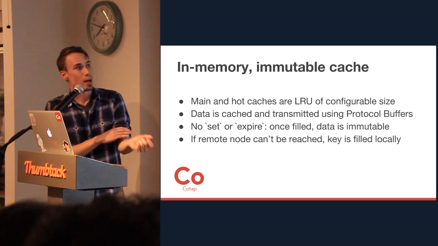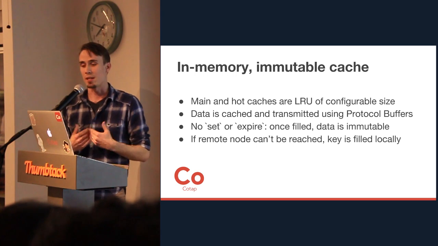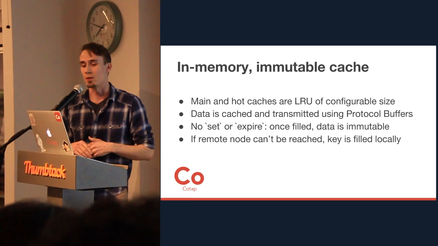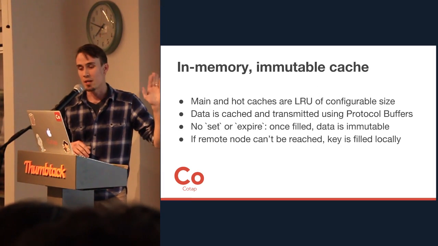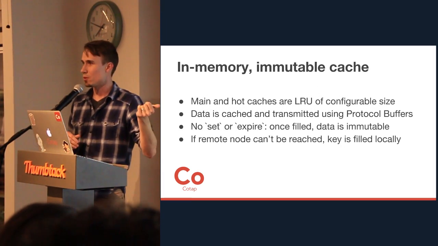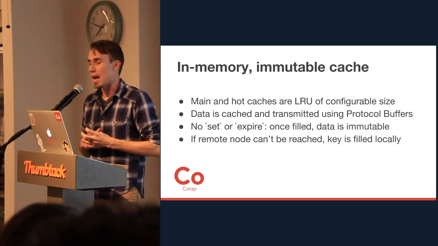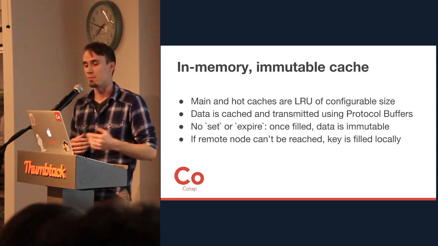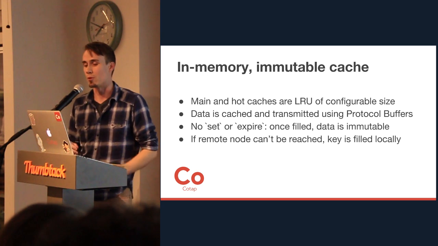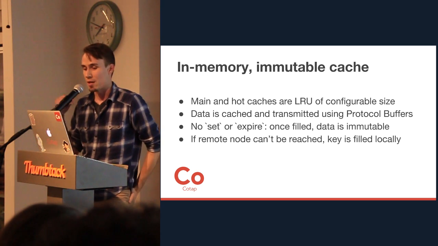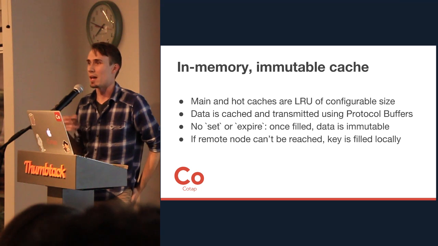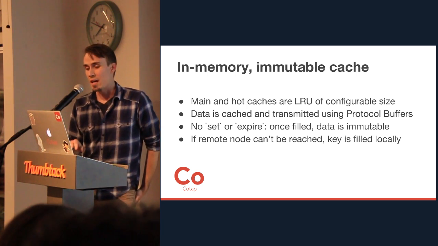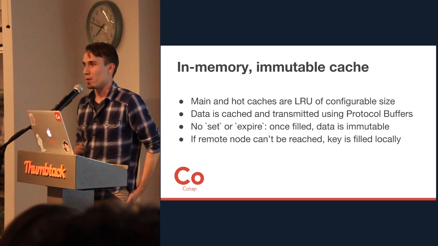So an interesting thing, because these are in-memory caches and they're immutable, you have a few restrictions on what you can cache. The main and the hot caches are LRU caches, so least recently used, and you just set a size. I want a maximum of, maybe, 512 or 1024 megabytes, and Groupcache just evicts items that haven't been accessed in a while as you reach that limit. Data is cached and transmitted using protocol buffers.